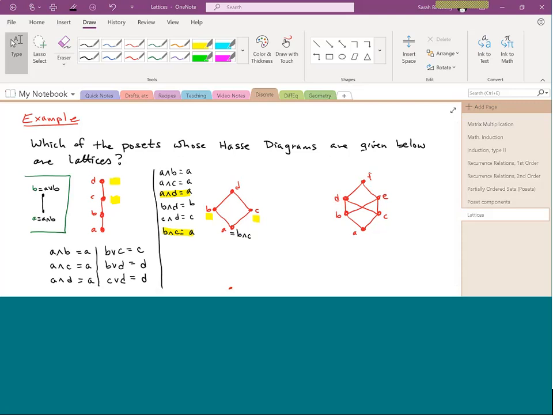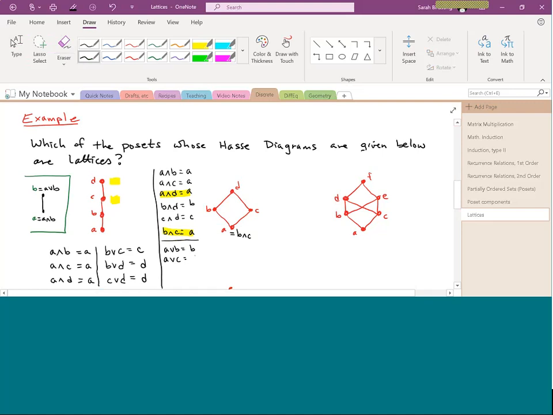All right, so for this one, the next thing to do is to look at all of our joins. We have all of the same pairs, except now we're going to flip-flop the symbol. So we've got A join B, we've got A join C. Both of those we already said were little tiny chains in and of themselves, so we know it's going to be the top element, the B and the C this time.